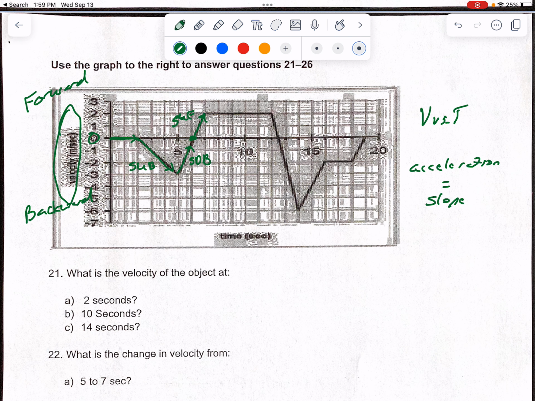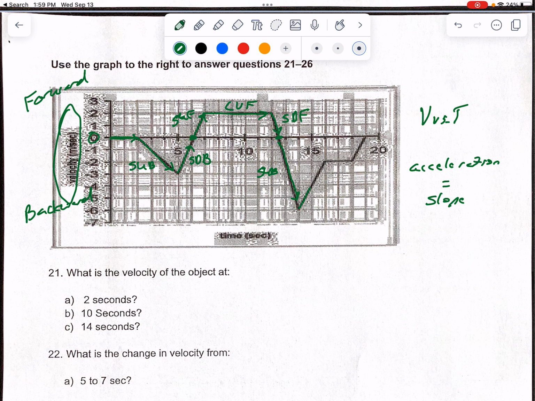Then I'm going constant velocity forward since I'm above the x-axis, so CVF. Then I start slowing down. I didn't change directions yet. I'm just slowing down, still going forward. Then I stop, and then I start going down. Now I'm going backwards again, because I went through the x-axis and I'm going away from 0, so that's speeding up backwards.